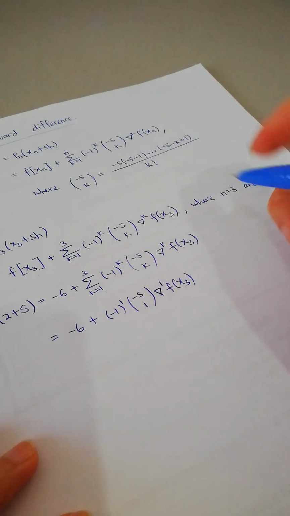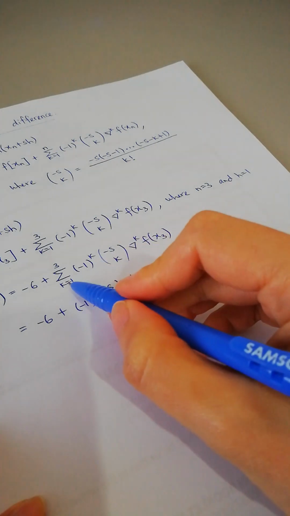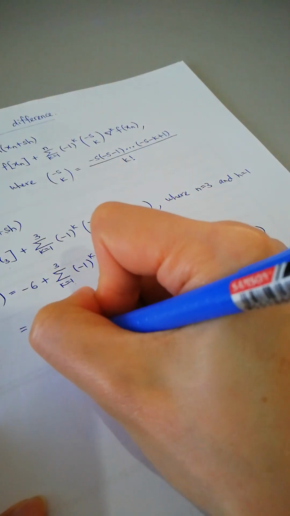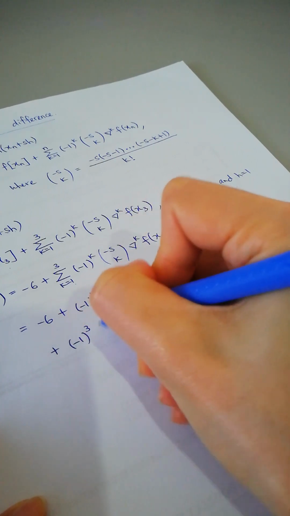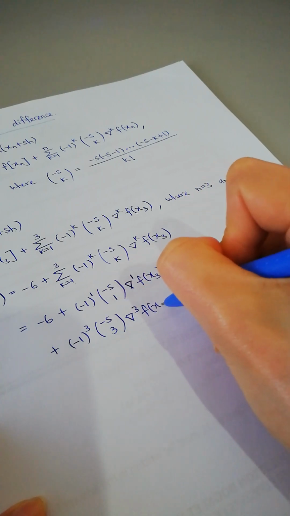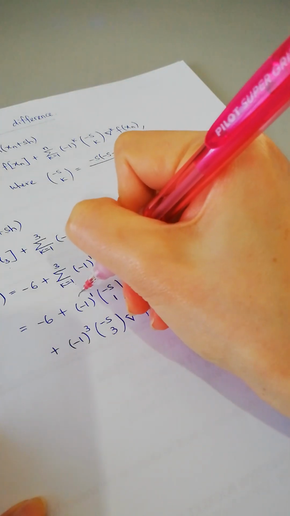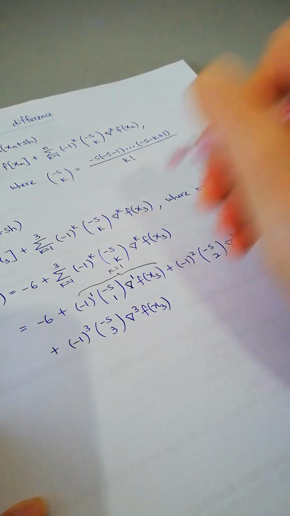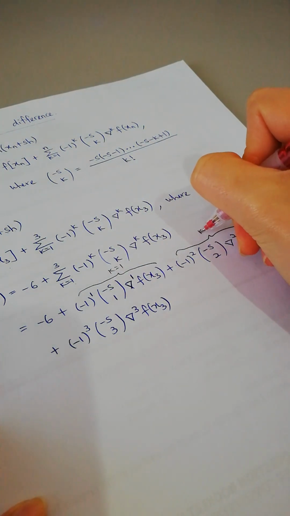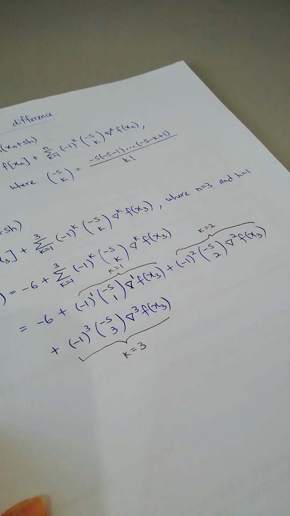And then when k equal to 2, you have plus (-1)^2 (-s choose 2) times the second difference at x3. And then when k equal to 3, you have plus (-1)^3 (-s choose 3) times the third difference at x3. I just write it down using a pencil here, so you know that this is when k equal to 1, this is when k equal to 2, and this is when k equal to 3.